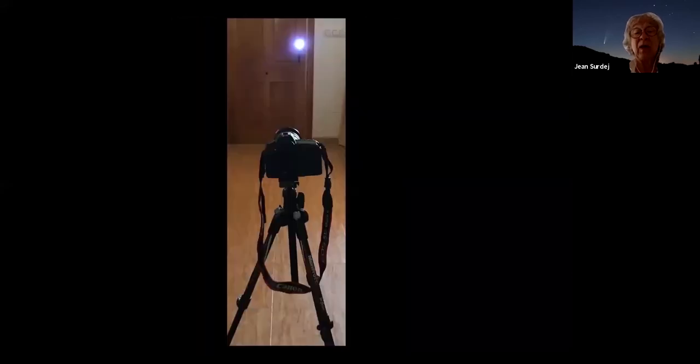Then we came back to the manual mode. Then we took first the single hole aperture, put it just in front of the objective of the camera, and took the picture. And here is what you see.